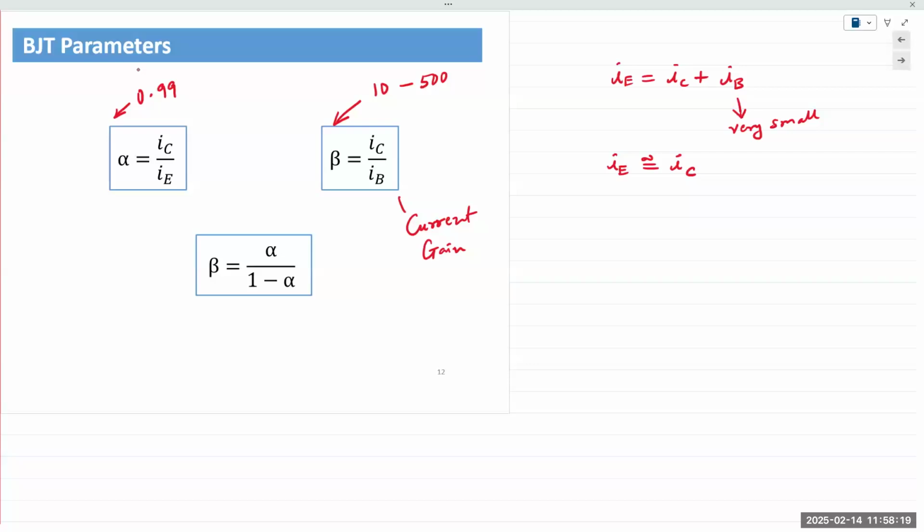Beta is alpha over 1 minus alpha, and alpha is beta over 1 plus beta. So you can determine the third quantity if you have any two of them.